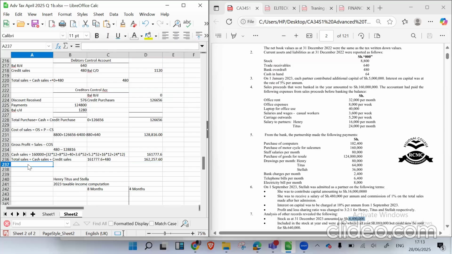So therefore, our gross profit would be equals to sales of 162,257.6 minus the cost of sales of 128,816. That is our gross profit.